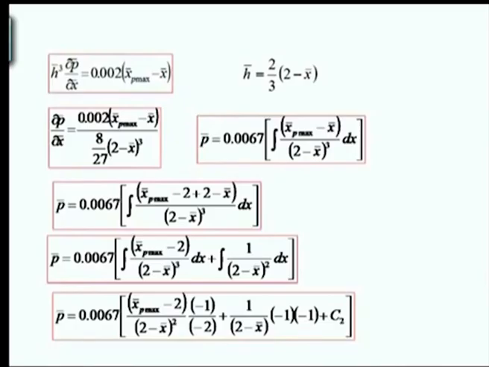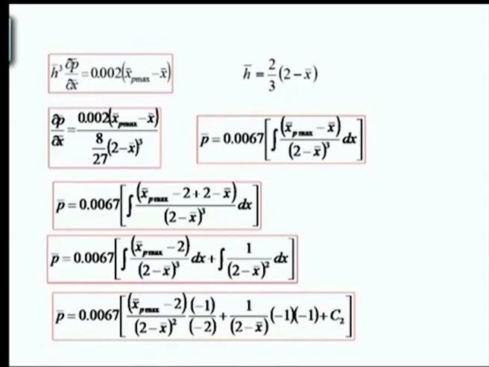This is minus 2 here, and this is the negative x bar, so it will be negative: minus 2 and minus 1. Coming to the integration of the second term, this is 2 minus x, this will give power minus 1, and x is also negative, so it will be minus 1 plus an integration constant, which we need to determine later.